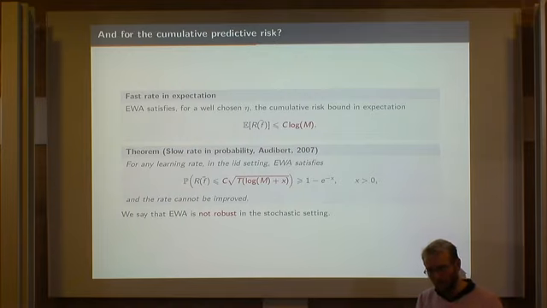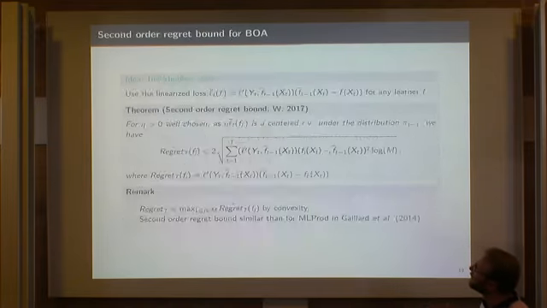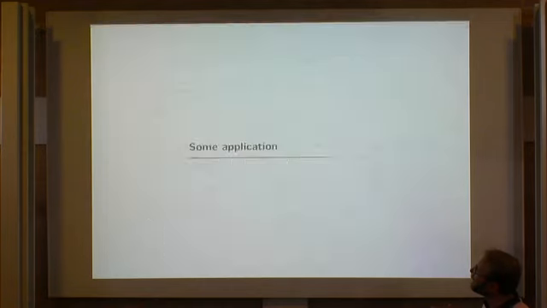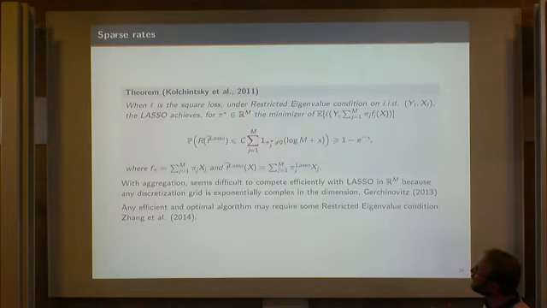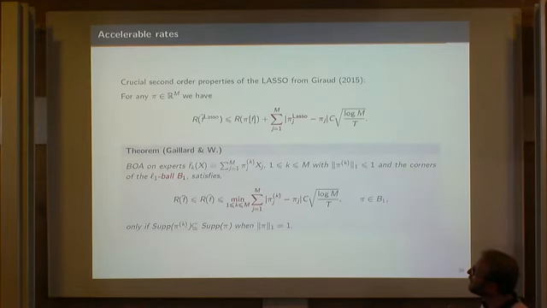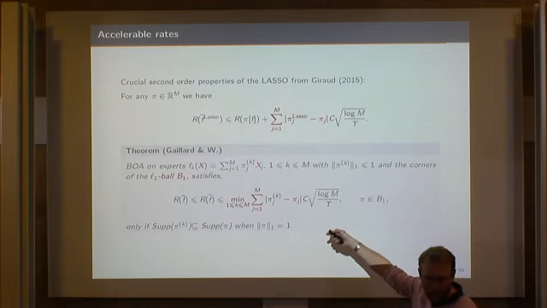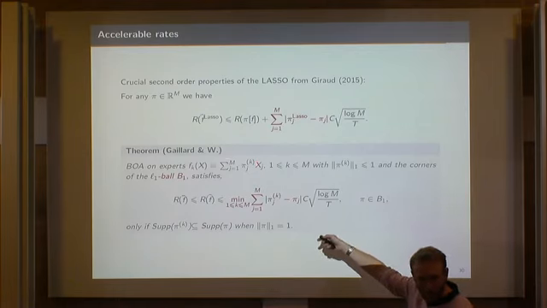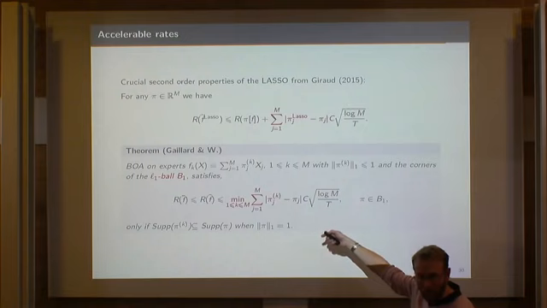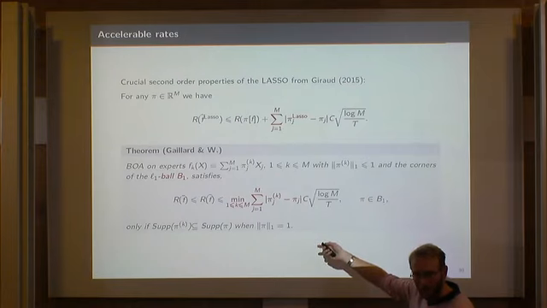If you want to translate from the simplex to the L1 ball, then instead of x_j you take f_j of x as your expert, and then you obtain a new strategy that competes in the L1 ball with exponential weights.